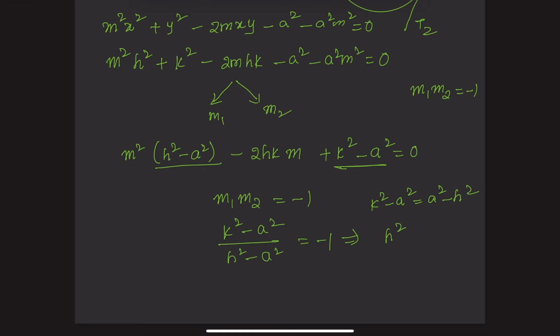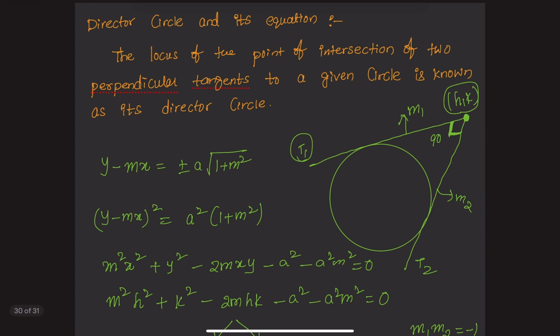So h square plus k square is 2a square. So h square plus k square is equal to root 2a whole square. So if you observe, this is a circle with center 0, 0 and radius root 2a. So this is the director circle of this particular circle.